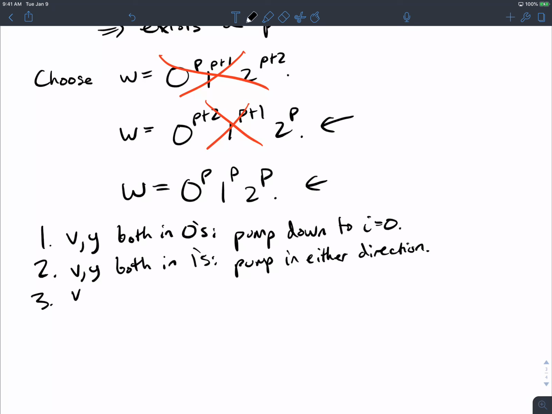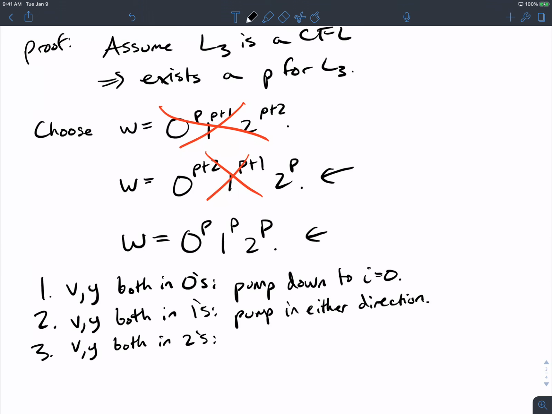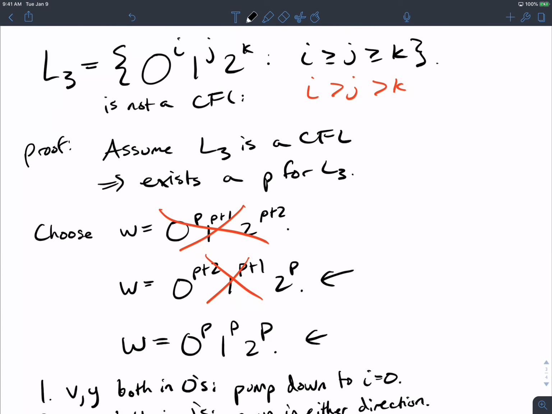Well, one of the other possibilities is that V and Y are both in the 2's. Which direction must we pump in this case? We must pump up. If I pump down, is that going to help me get more 2's than 1's, for example?